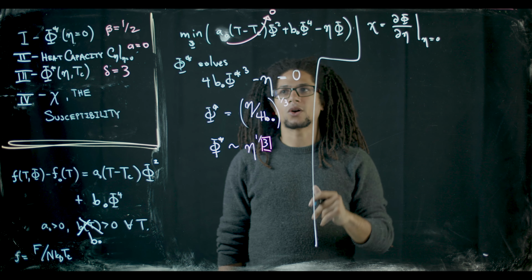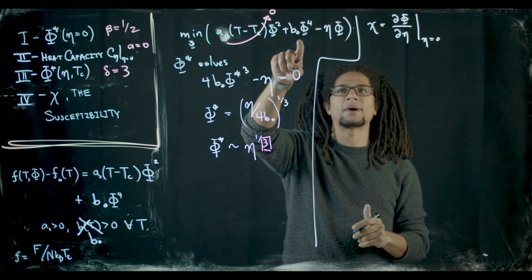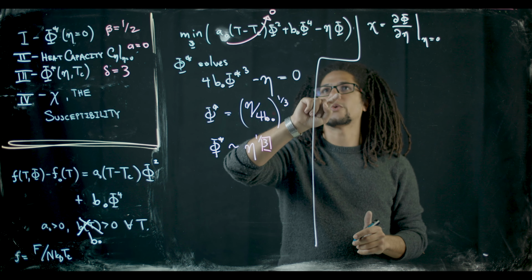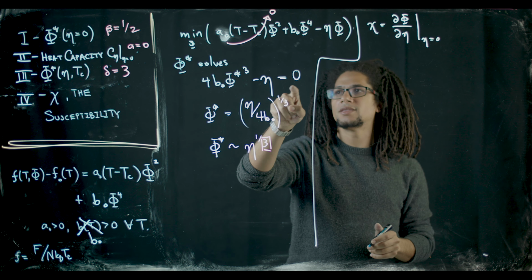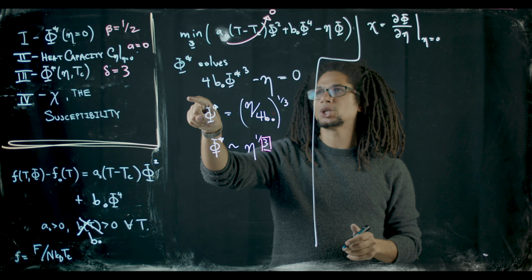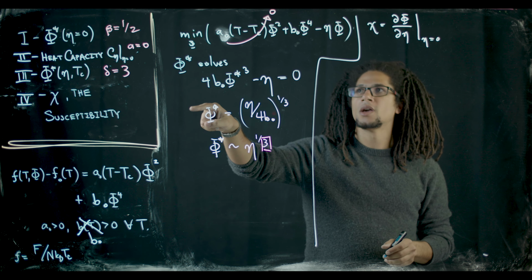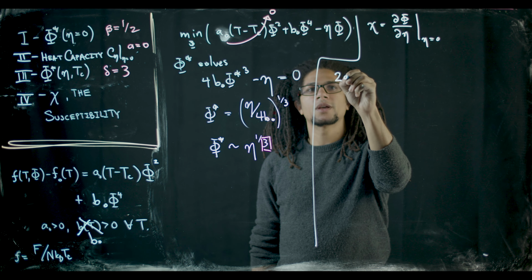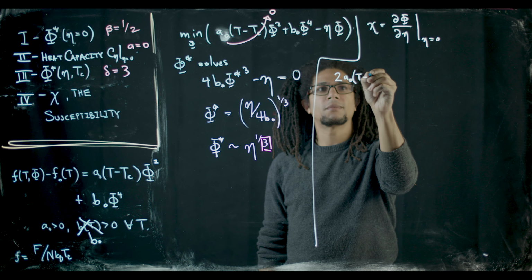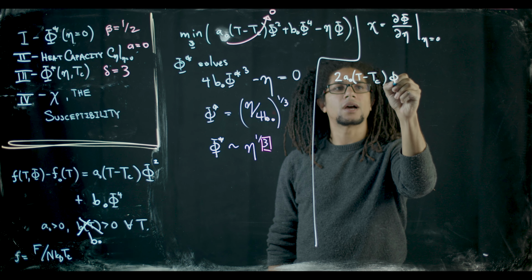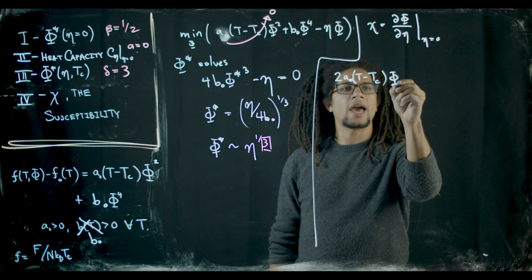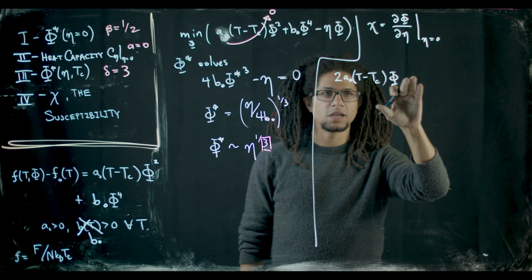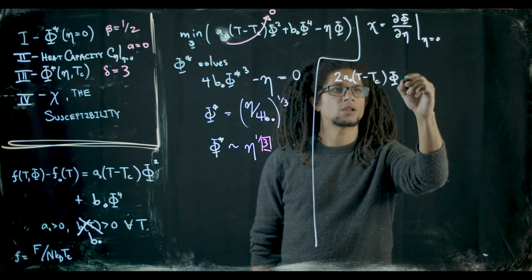Okay, this is going to be hard to get, but we can actually get it by starting with this equation. So we had this maximization or minimization equation, but we neglected this term. Let's bring it back. So we'll get 2a naught (t minus tc) times phi. And this is phi star. I'm just going to ignore the star here for notational clarity.